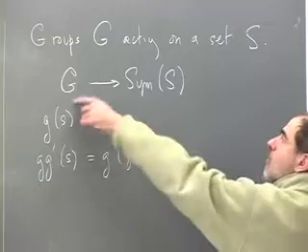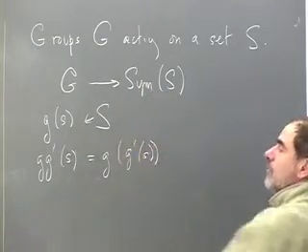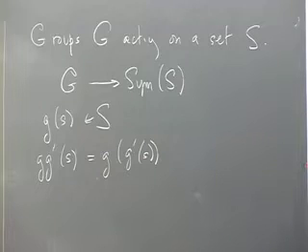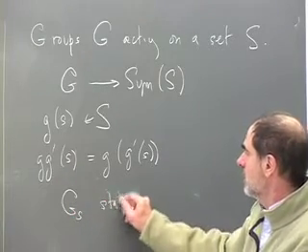And that says that this is a homomorphism, because multiplication in the symmetry group of S is just composition of maps. When we had a group acting on a set, we had various concepts that we defined. We defined the stabilizer of an element.